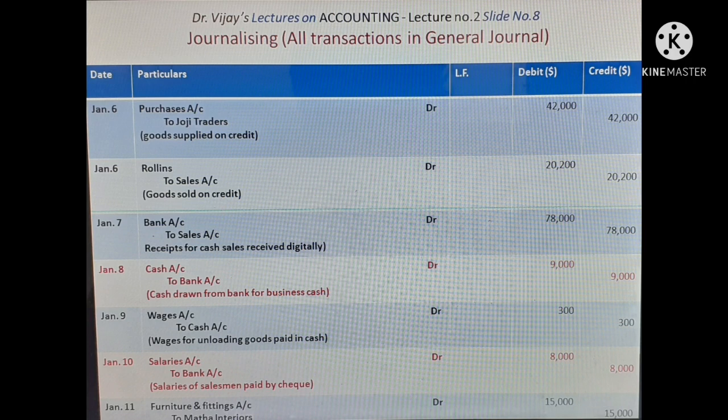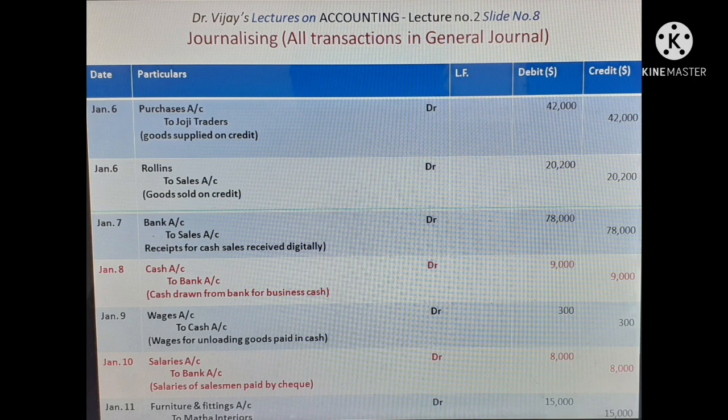So look how it is shown. Purchase account Dr. It is to be read as debtor. Purchase account debtor to Joji Traders. To Joji Traders in the second line. This is the format of a journal entry. You have to show the account to be debited first. Against that, show the symbol Dr. And in the next line, to Joji Traders, somewhat indented.